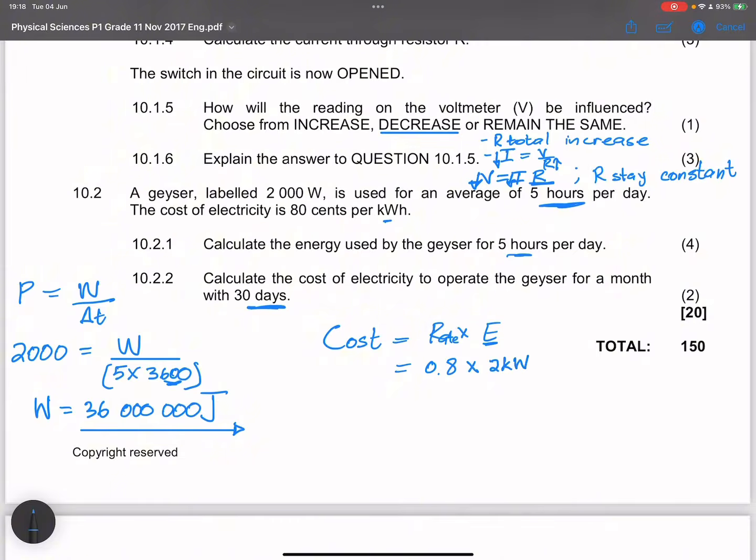But now we need to express the time in hours, which is 5 hours per day. So this would be 2 kilowatts multiplied by 5 hours. This is the cost per day.